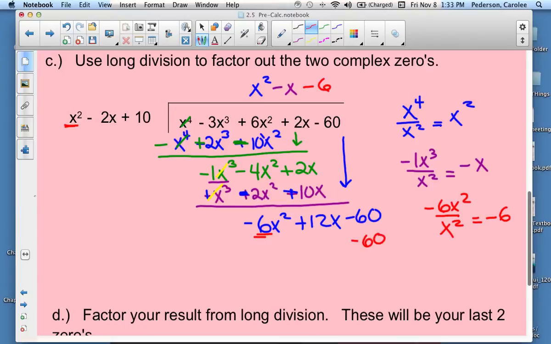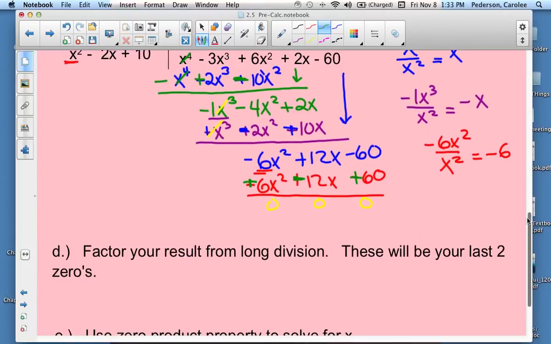Negative 6 times negative 2x is positive 12x. Negative 6 times negative x squared is negative 6x squared. Change all the signs. Positive, negative, positive. You get 0, 0, and 0. So what you're left with when you divide out is the second quadratic of x squared minus x minus 6.